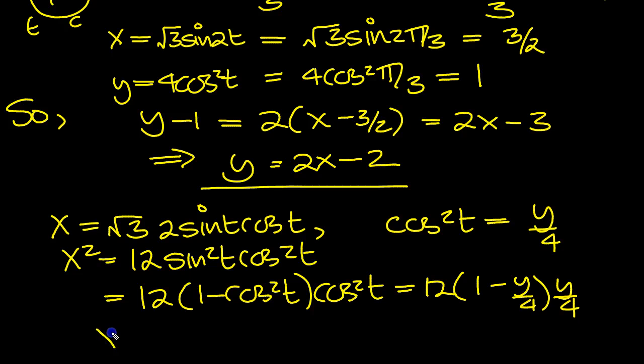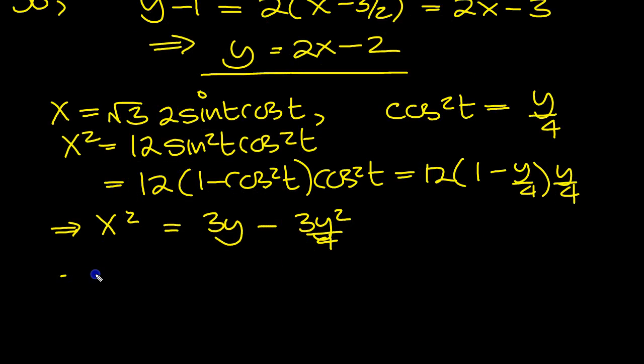So we've got x squared is equal to 12y over 4, which is 3 lots of y, minus y squared over 16, 3 over 4, 3y squared over 4. So what do we get then?